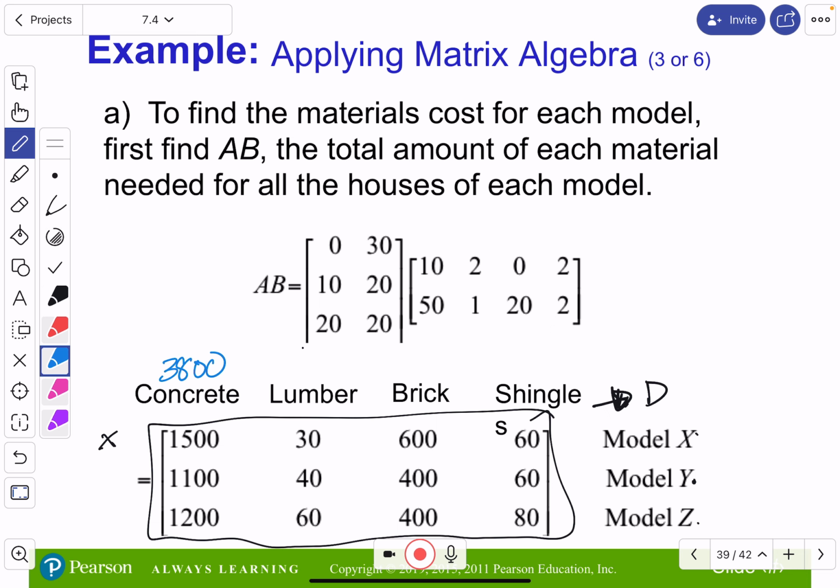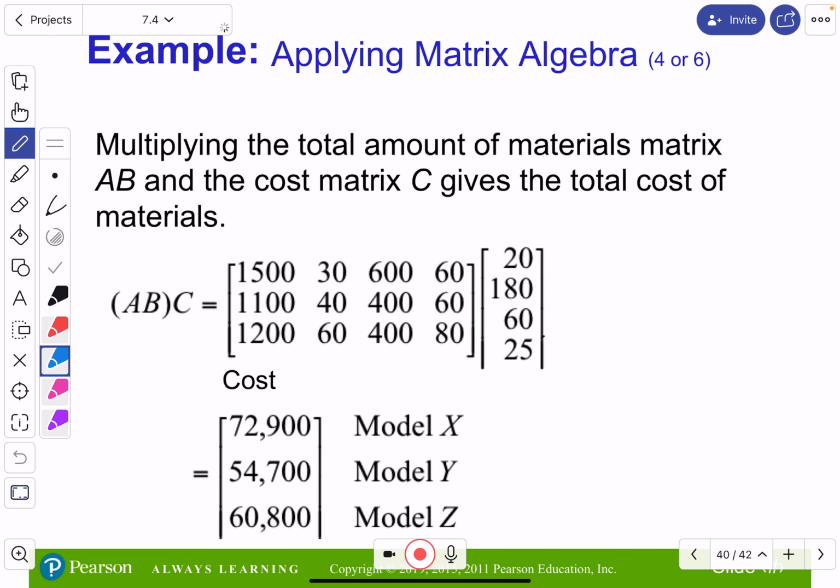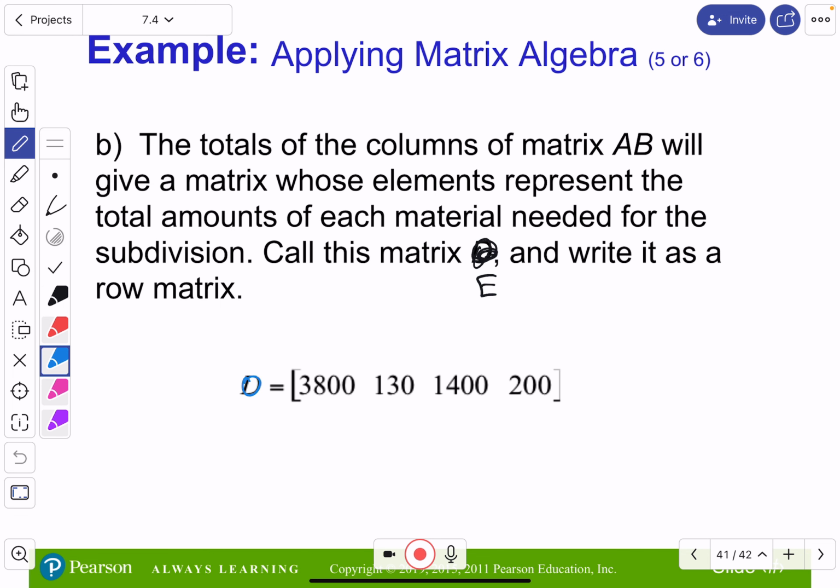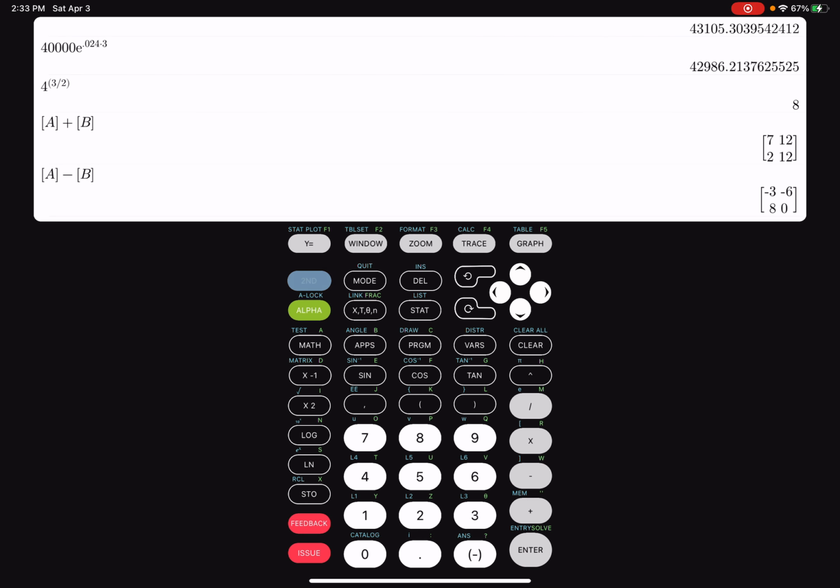So that's how much concrete we need total. 130 is the lumber. 1,400 is the brick. And 200 is the shingles. So we're going to put that in another one. So I will put it in E.